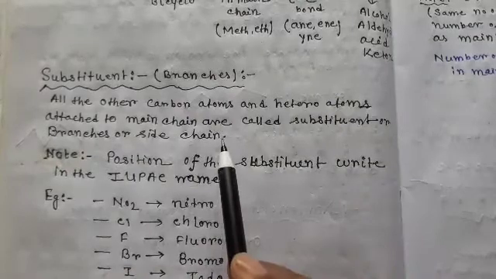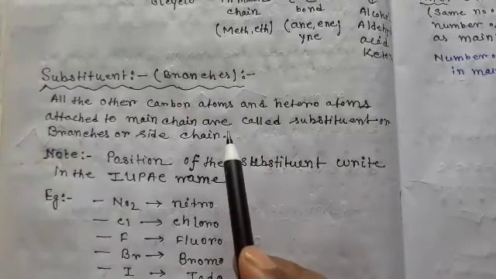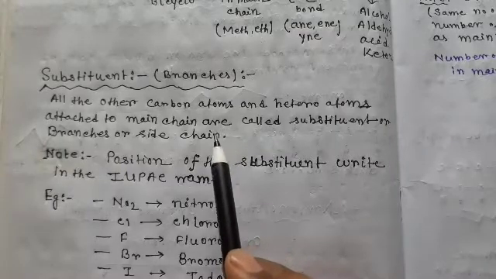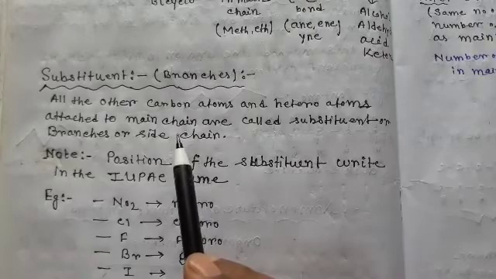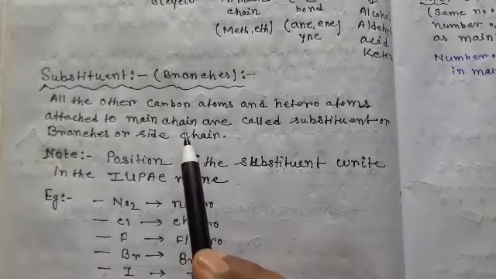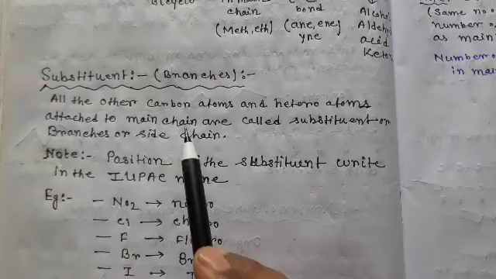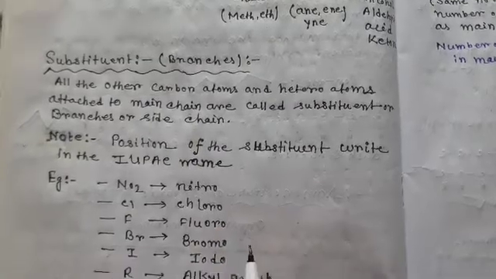The main chain is the longest chain of the compound. The heteroatoms and groups of carbon atoms attached to the main chain are known as substituents.